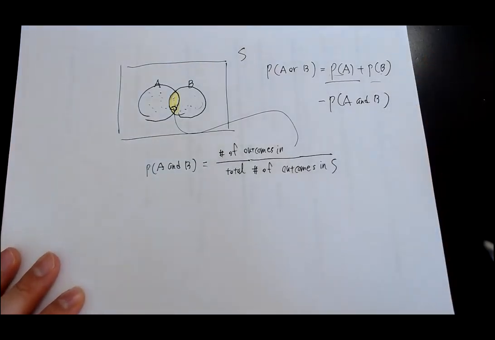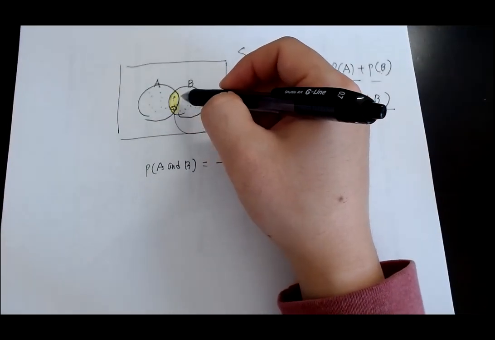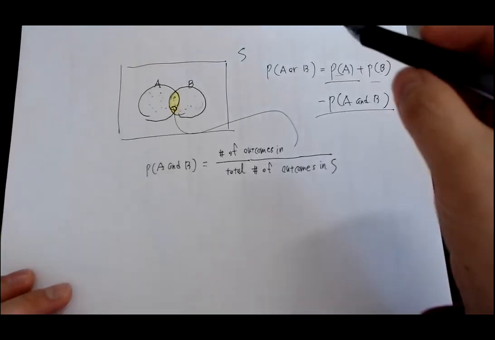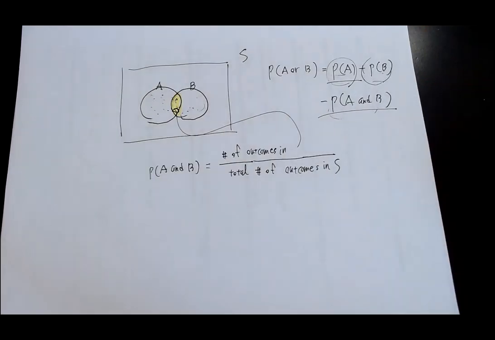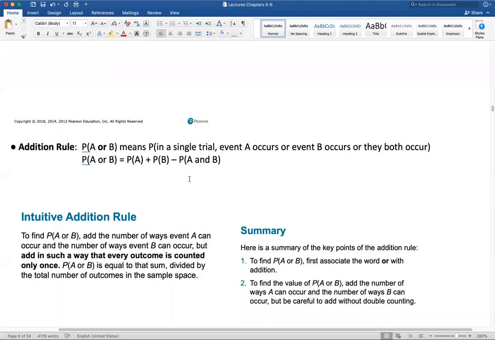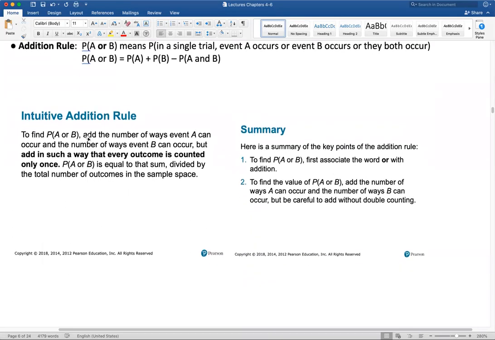Why do we subtract this one? Because we count the outcomes in that region twice when you calculate P of A and P of B. That's why we subtract P of A and B. So keep in mind the intuitive addition rule: to find P of A or B, add the number of ways event A can occur and the number of ways event B can occur, but add in such a way that every outcome is accounted only once.